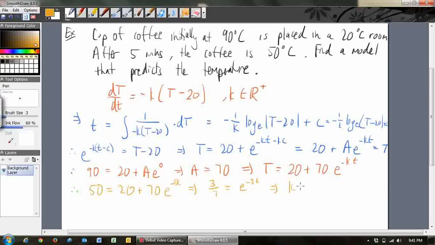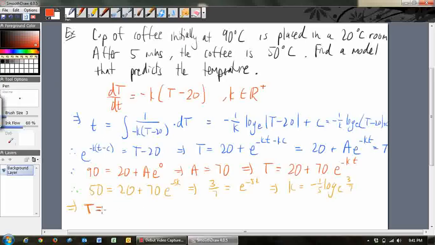So therefore, k equals the log e of 3/7 divided by negative 5. So negative 1/5 log e 3/7. Yuck. Let's plug this all in now. So our temperature will be equal to, I'll change colour, go back to red because we're about to write our solution.